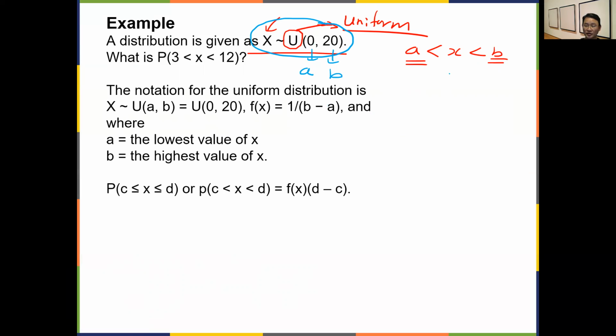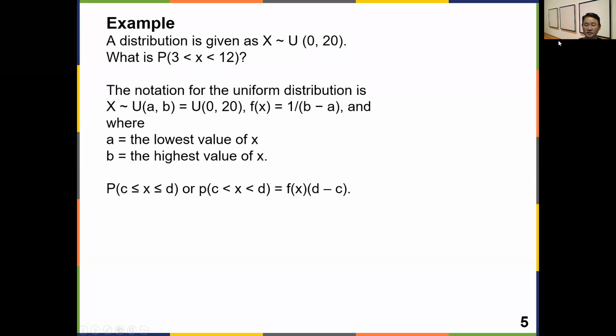Let's recap exactly what they are describing right here. This notation means that it's going to be between 0 and 20, and the distribution function is going to be like that.